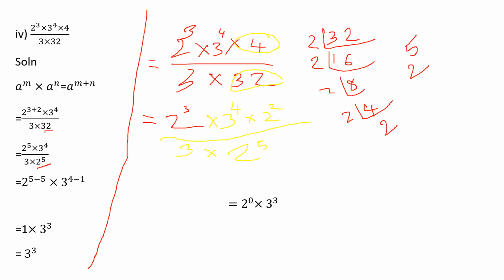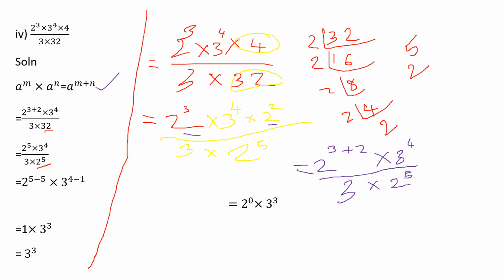So here you have in the numerator 2 numbers. This is also 2. This is also 2. So we can apply a power m into a power n is equal to a power m plus n. This formula we can apply. So 2 power 3 plus 2 into 3 power 4 divided by 3 into 2 power 5.